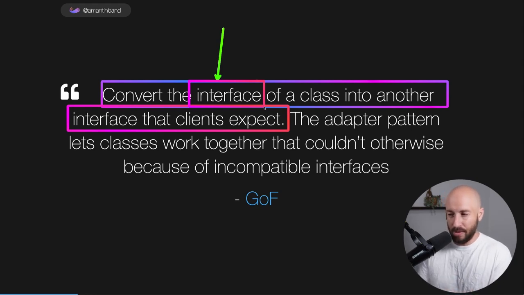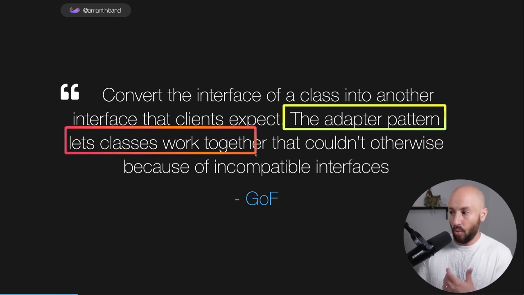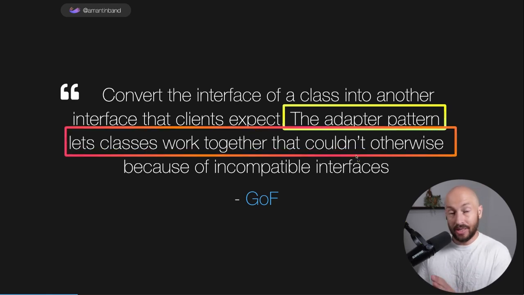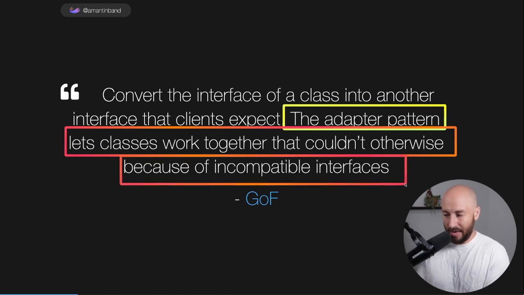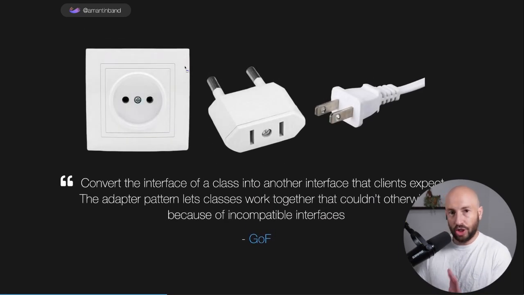What matters is that we want to convert the way you interact with a class from being with one interface to being with another interface. And the reason why we want to do this is because this lets classes work together that couldn't otherwise because of incompatible interfaces. Okay, now the best way to think about this is to really just think about actual adapters.